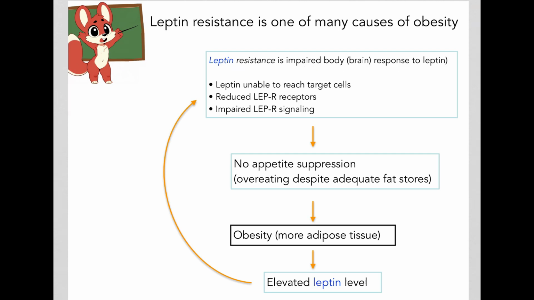Due to leptin resistance, there is no suppression of appetite, and the person will continue eating in spite of having more than enough fat stores, and that will lead to obesity, which means more adipose tissue. More adipose tissue means higher leptin levels in the blood, and that once again will lead to this vicious cycle leading to obesity.